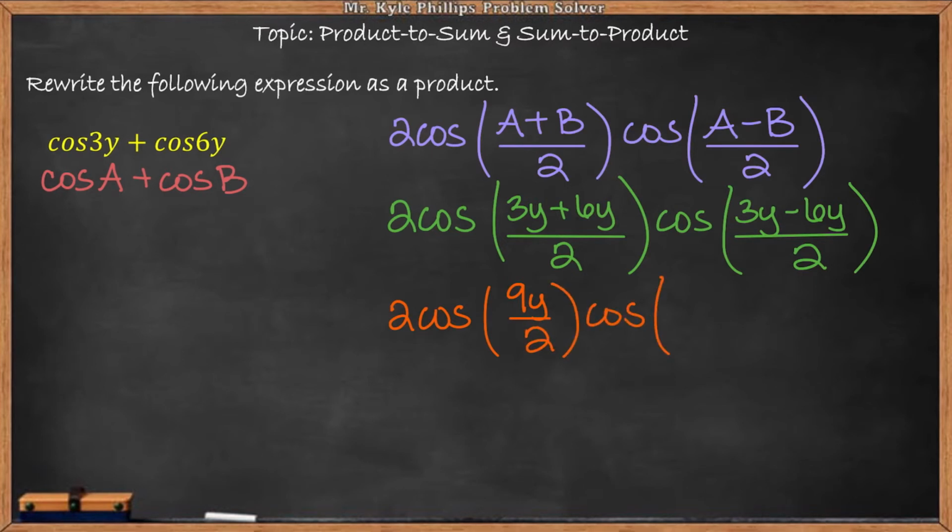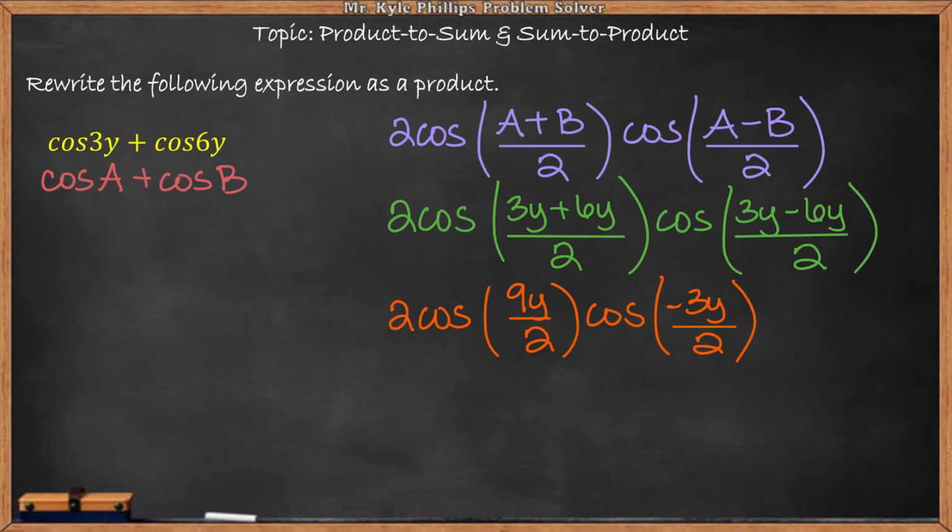Times cosine of 3y minus 6y is negative 3y, and negative 3y over 2 is just negative 3y over 2. Now, normally we don't want negatives inside of parentheses. So anytime you see a negative inside of a parenthesis, that means the angle is negative.